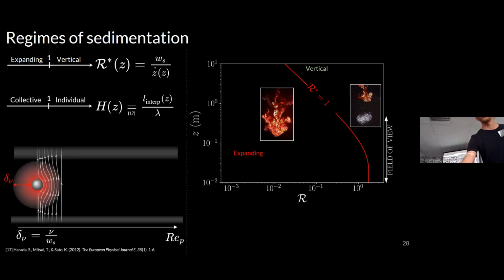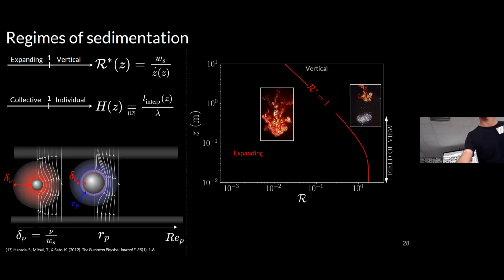So if you look at the flow around a particle at very low particle Reynolds number, you get that the inertial screening length on which the flow is changed scales as a diffusive length scale based on the settling velocity of the particle. If you increase the size of the particle, you now see that actually deformations of the streamlines happen rather on a size which scales like the size of the particle itself.